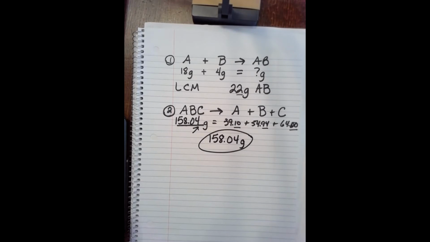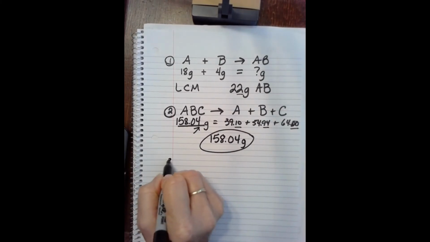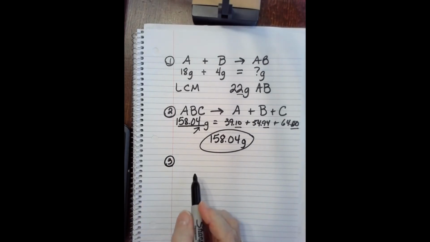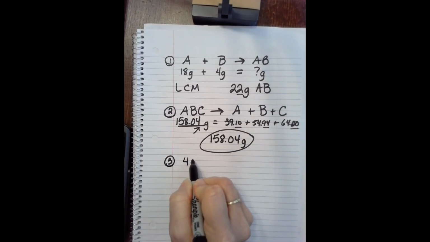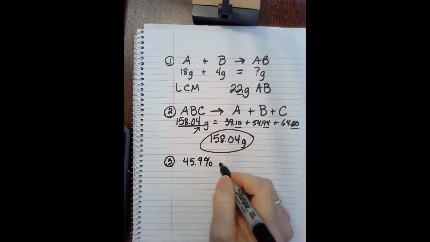All right, let's go to question 3. Question 3 says, silver iodide powder has been used as an antiseptic and an agent to seed clouds for rain. Thank you very much for that information. That's delightful. I will not use that to solve this problem. Silver iodide is 45.9% silver.